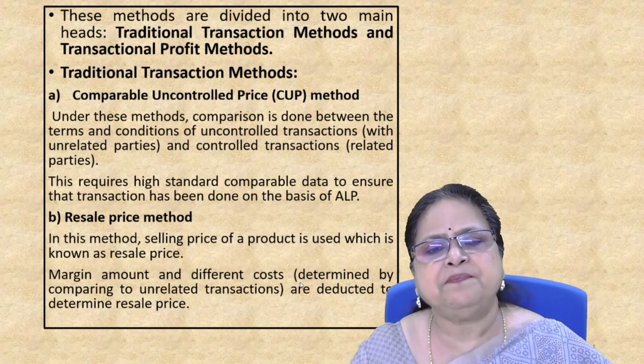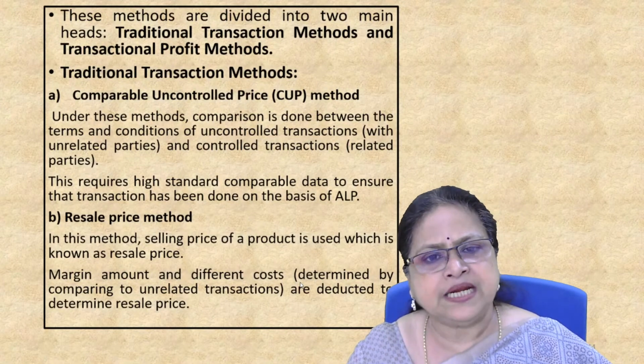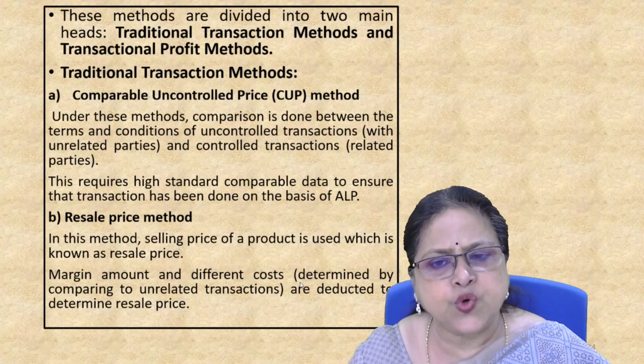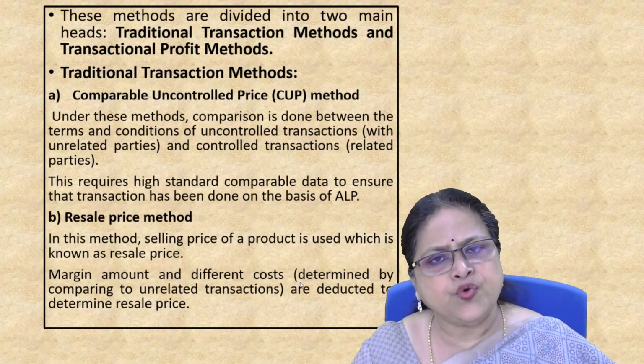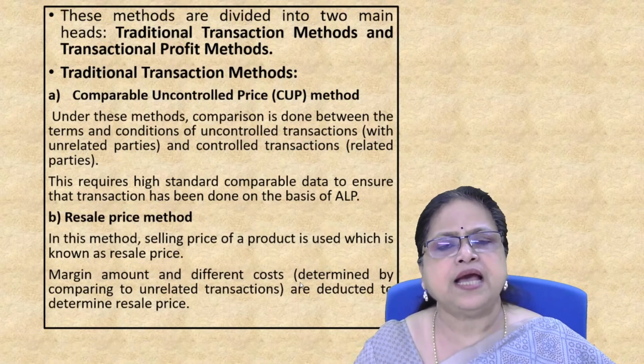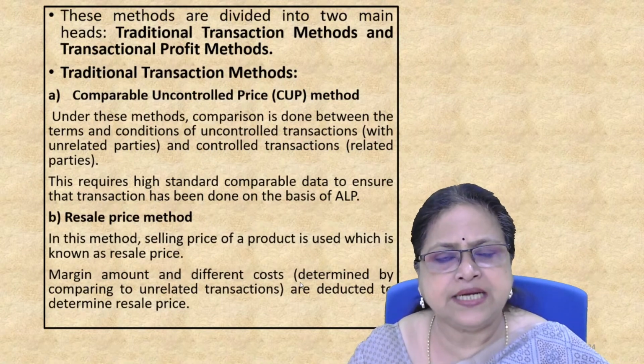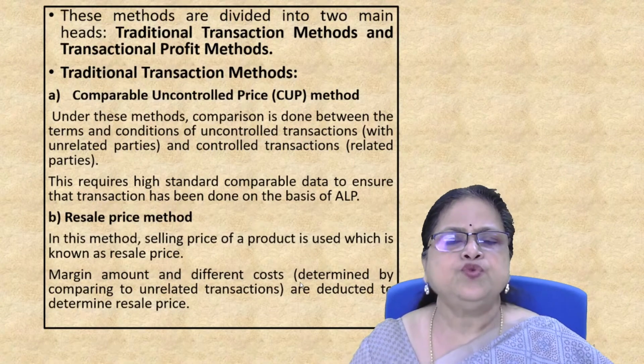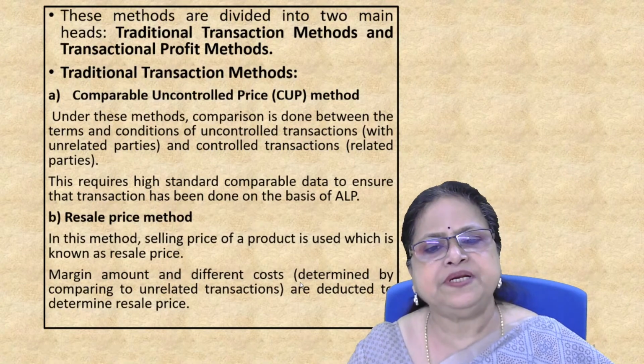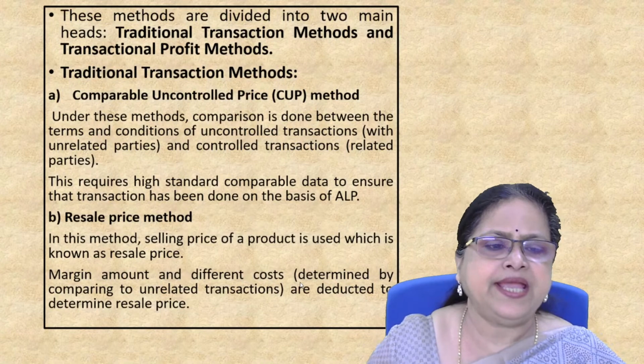Under this method, comparison is done between the terms and conditions of uncontrolled transactions and controlled transactions. This requires high standard comparable data to ensure that the transaction has been done on the basis of ALP.